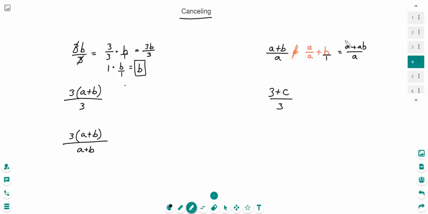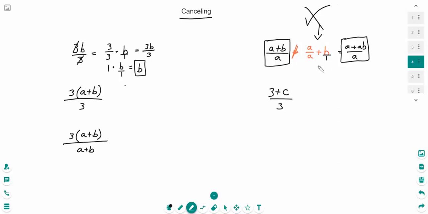Now, this does not match our original problem. You may think it's close, but no, it doesn't match. a plus b over a is not equivalent to a plus ab over a. So that leads us to believe that this is incorrect. This is not right.